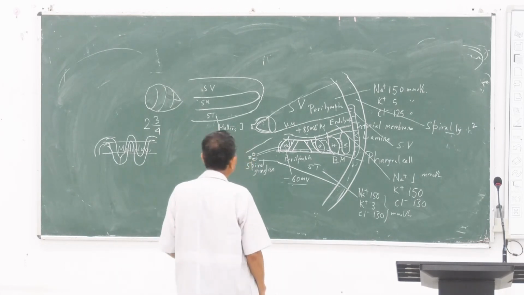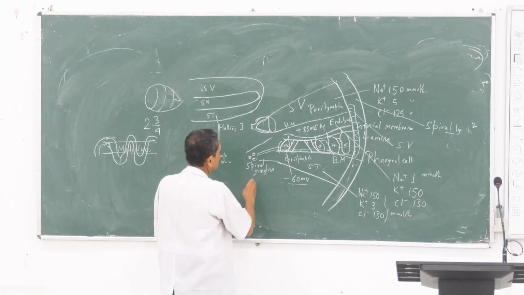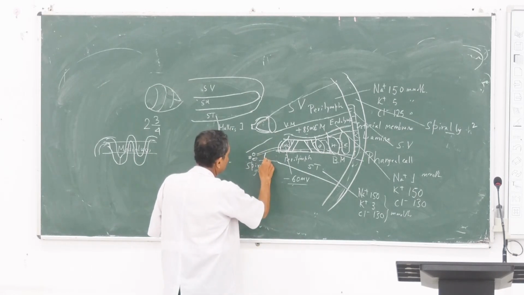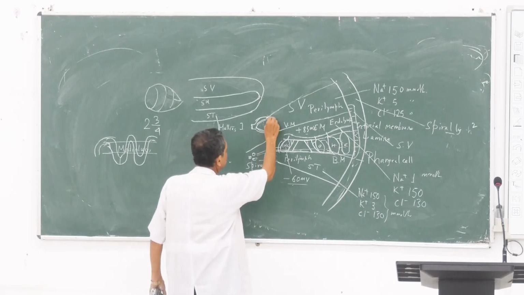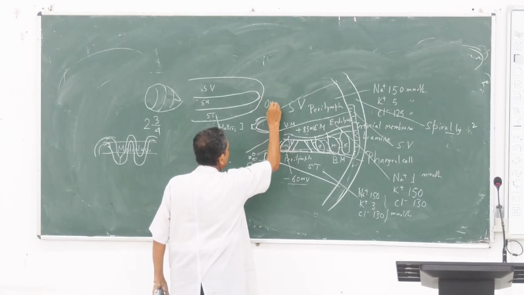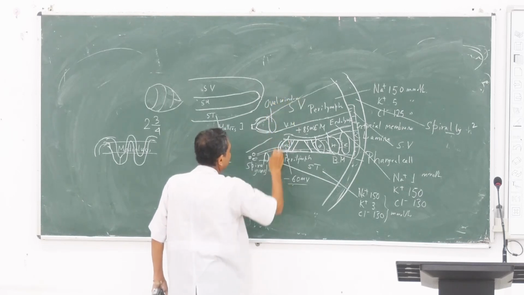Now, this is the oval window, and this is the round window.